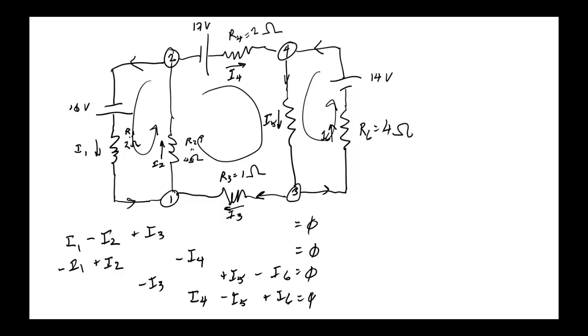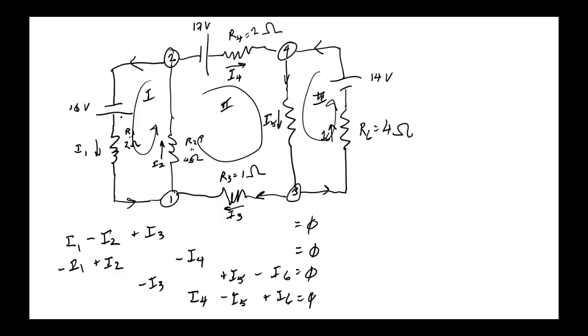Now, I'm trying to have the variables be the currents, which is what I want, and the voltages are all constant. I'm going to do them again the way I did before, but you could do plus and minuses and set it equal to 0. They're doing this as 1, 2, and 3.